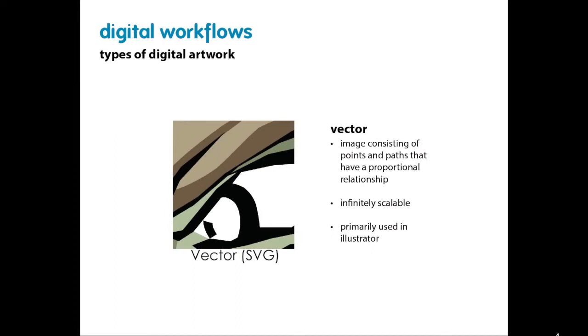What that means is when you draw a curve in a vector, the actual distance between the points isn't as important as the relative distance between the points and the curvature of the path. Because it's a proportional mathematical relationship, if you double the size, it just doubles the distance between everything. So it's infinitely scalable, very flexible, and it's primarily used in Illustrator, a little bit in InDesign.